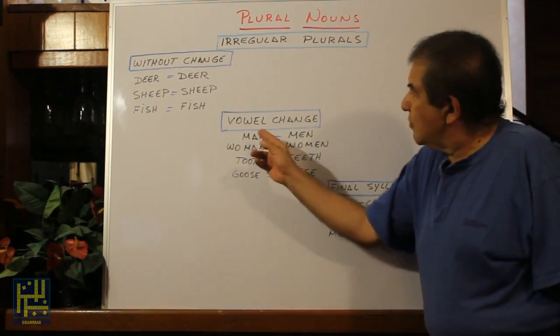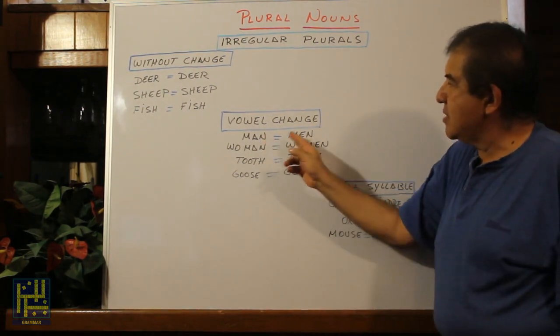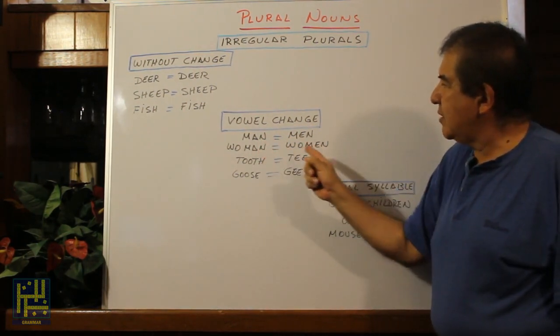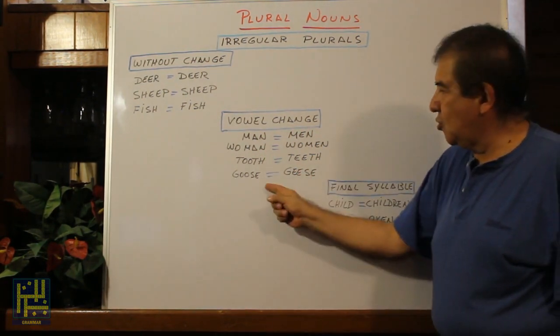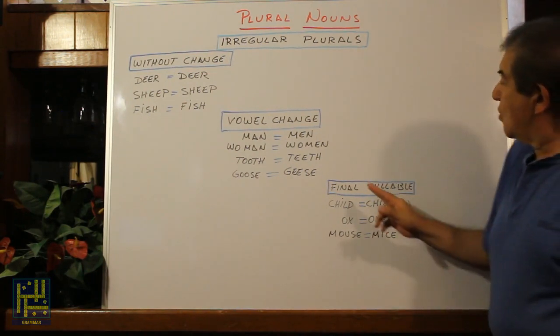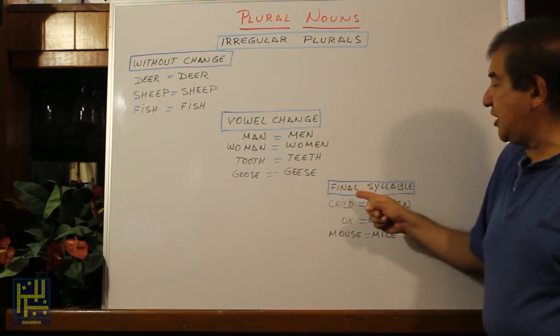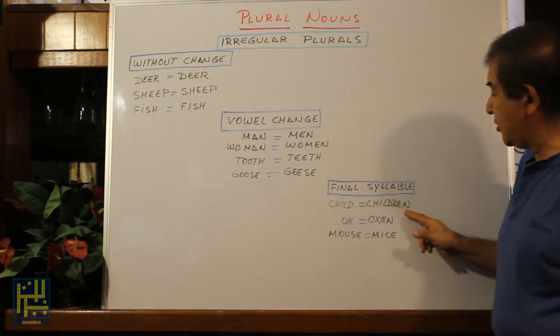Now, those nouns with a vowel change. For example, man, men, woman, women, tooth, teeth, goose, geese. And finally, when we have to add or change a final syllable. For example, child, children.